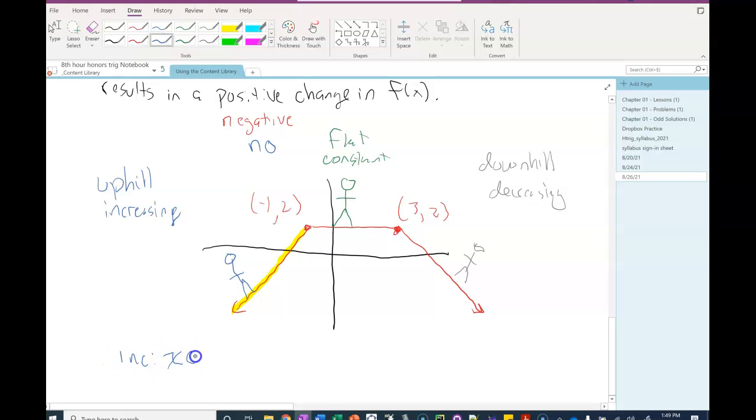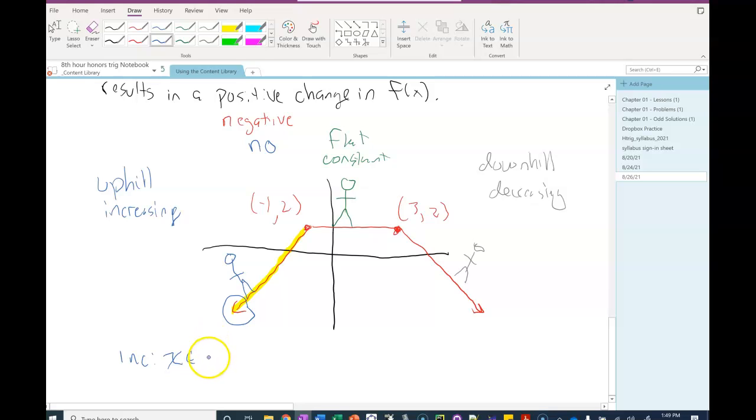When we describe these intervals of increasing, decreasing, and constant, we're always describing the location on the graph. When you describe the location of a function, you're always using the x-coordinate to describe it because that's the independent variable. So our increasing function begins here with the left arrow.